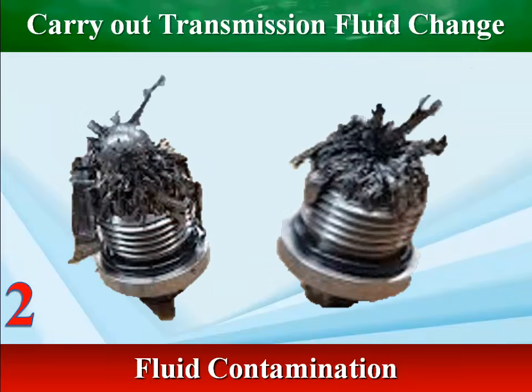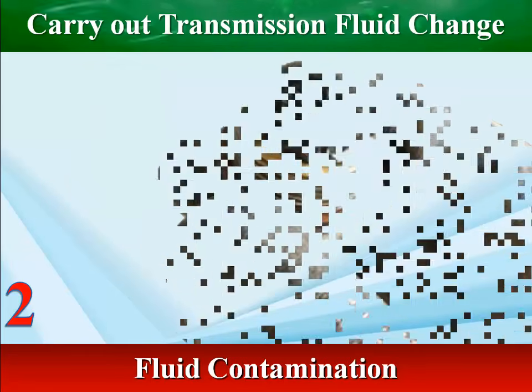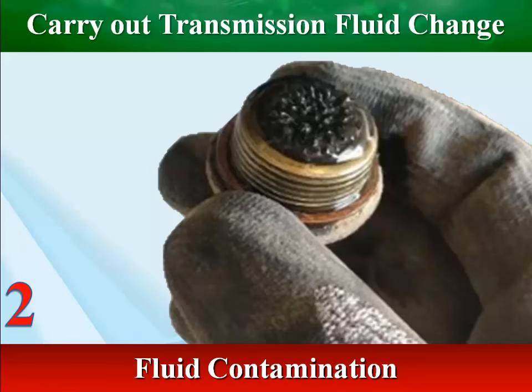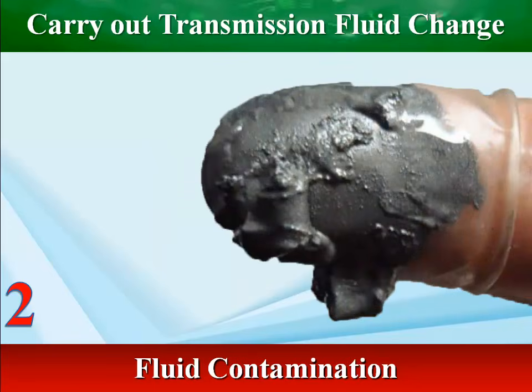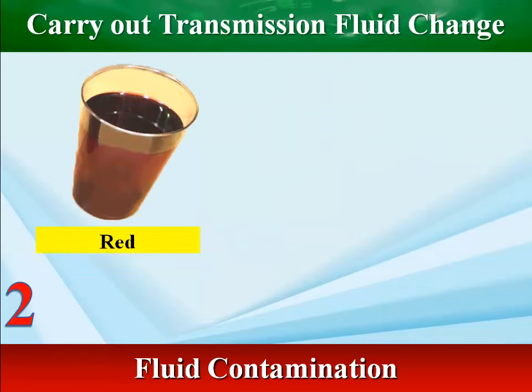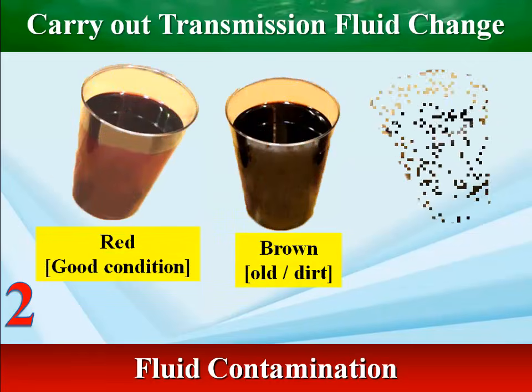When these particles are found in the sump or on the magnetic plate at the bottom of the pan, if present, the transmission must be disassembled and closely inspected to find the source. The color of the fluid should also be noted.